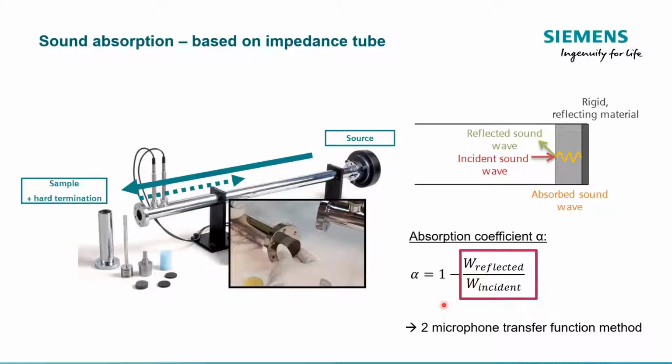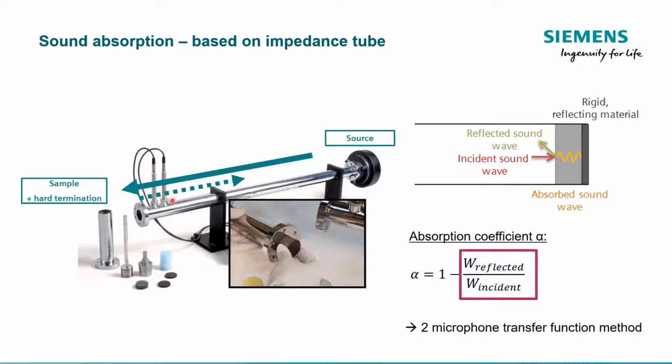So how do we test these quantities? Well, we have some special equipment that we use. This is called an impedance tube. Essentially we're trying to measure the amount of sound energy that's incident. Our material that we're testing is placed inside this tube, and then we quantify how much sound energy gets reflected.